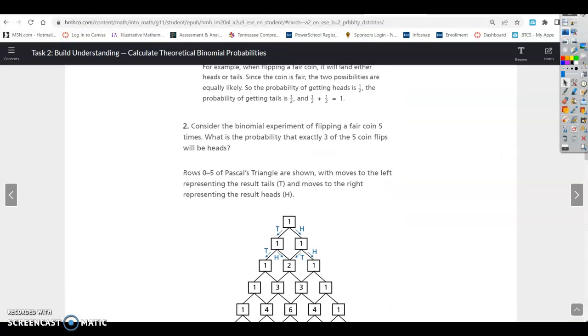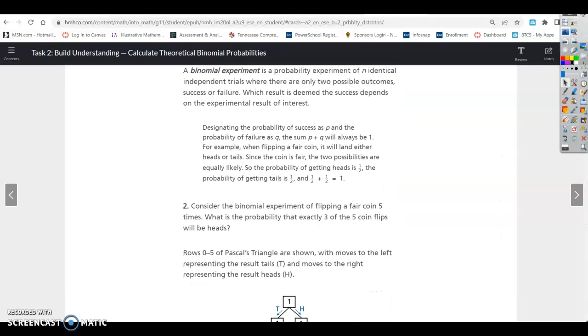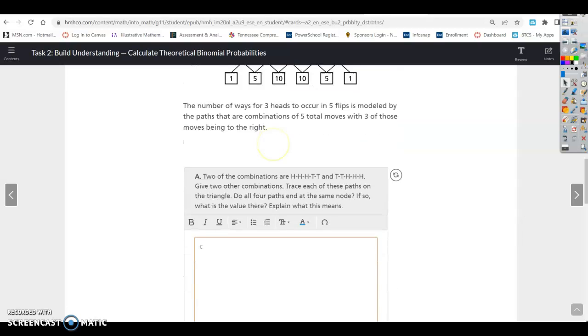If you remember, all the way back to the top, it designated the probability of success as P and the probability of failure as Q. So P is success, Q is failure.